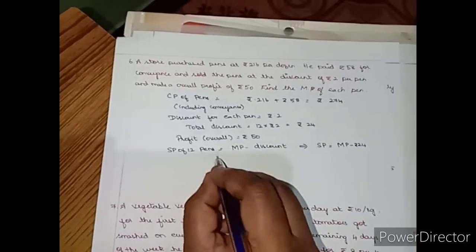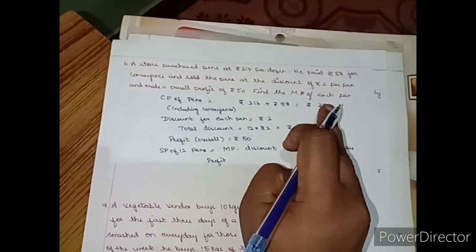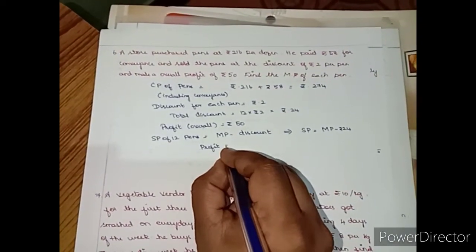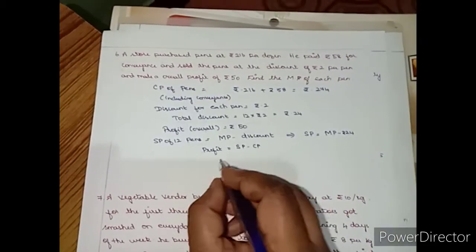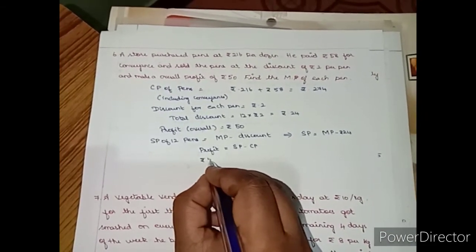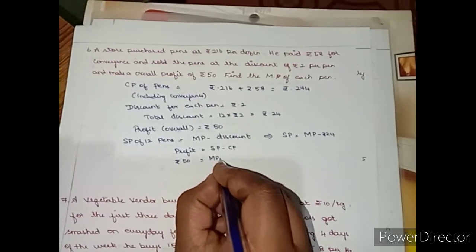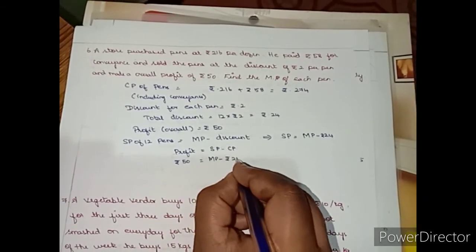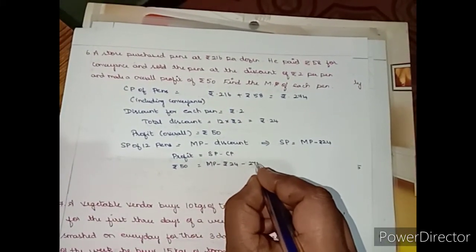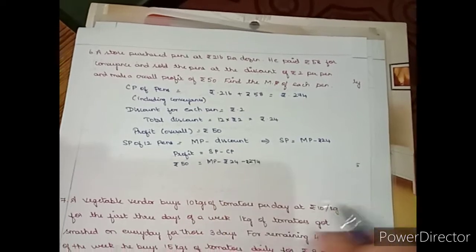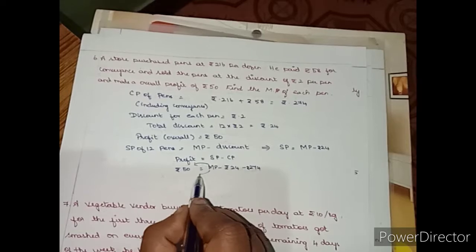Okay. So profit. We already know, it is already given. It is a profit. So profit means SP minus CP. So profit is rupees 50 and SP is MP minus rupees 24 minus what is CP here? 274 rupees.